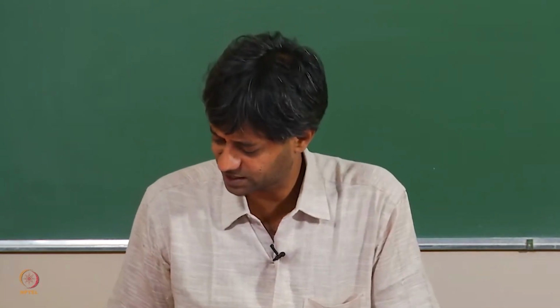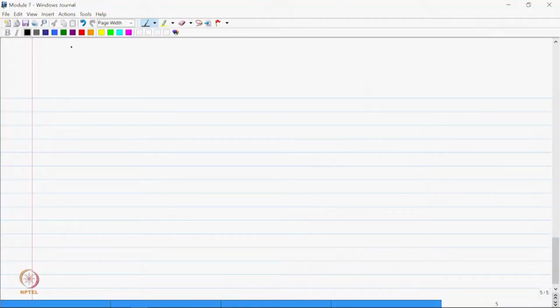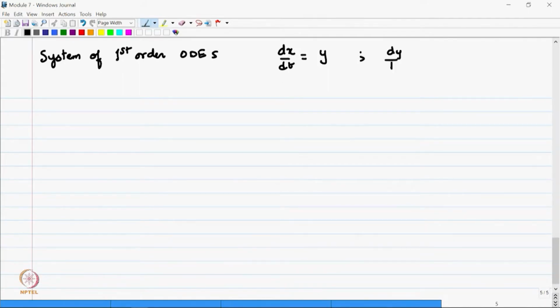Now next let us look at a slightly more complicated approach, using a system of first order ODEs. So you say dx by dt equal to y and dy by dt equal to minus omega square x. So we use our usual matrix method.